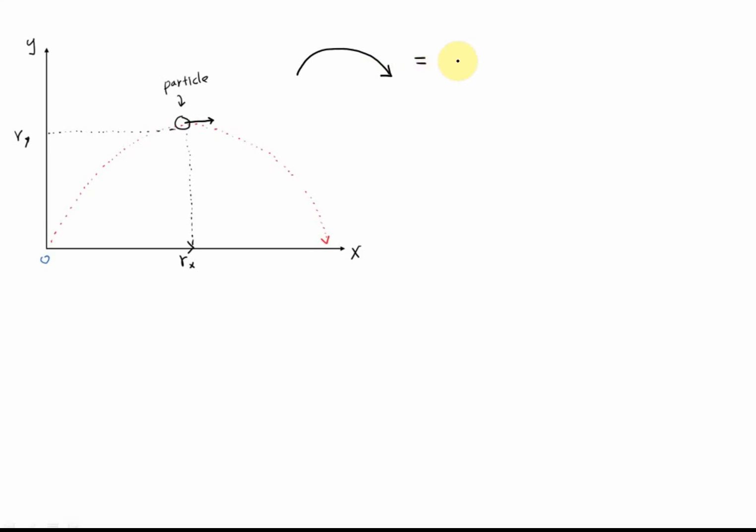It is a combination of moving from here to here, plus going up and down. So if you just add these, you can generate this kind of motion.